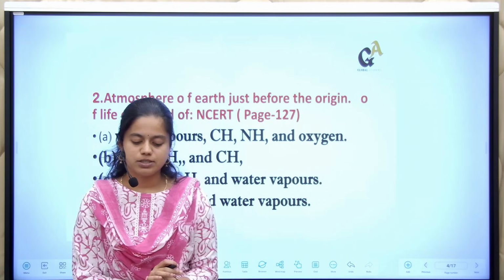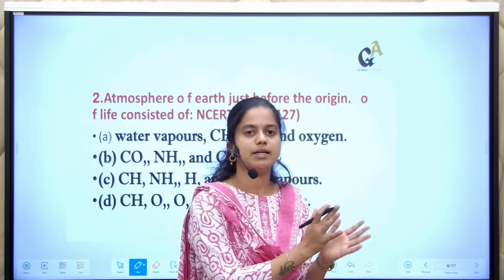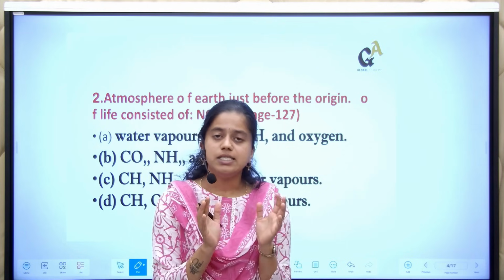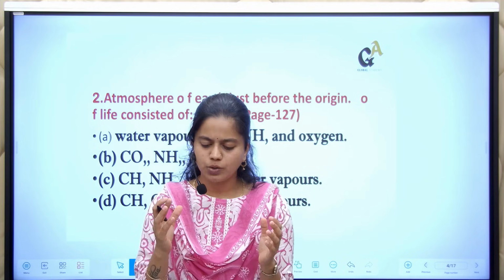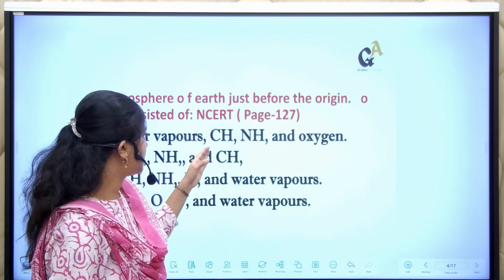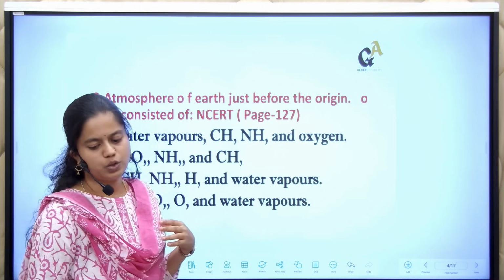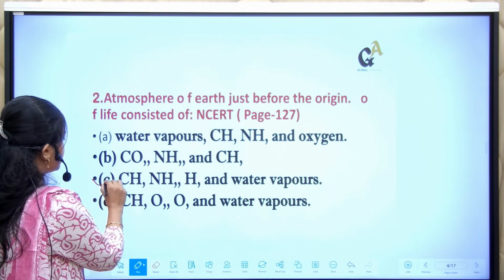Earth just before the origin of our complete biosphere had a reducing atmosphere that was not containing free oxygen. So it was only composed of CH4, NH3 and other particular molecules. So option C is correct here. What is it indicating?